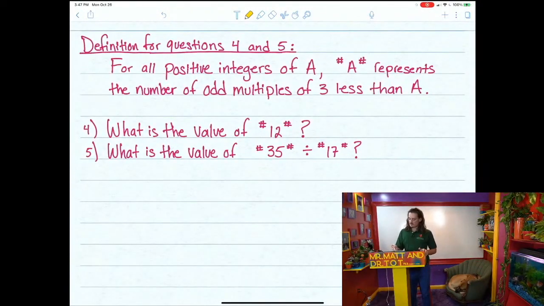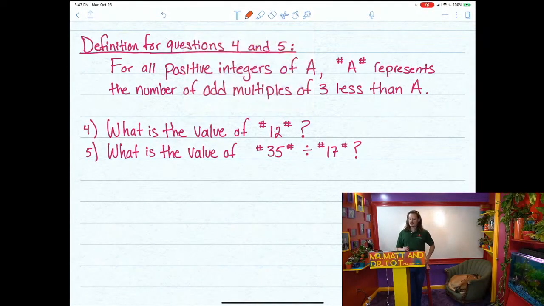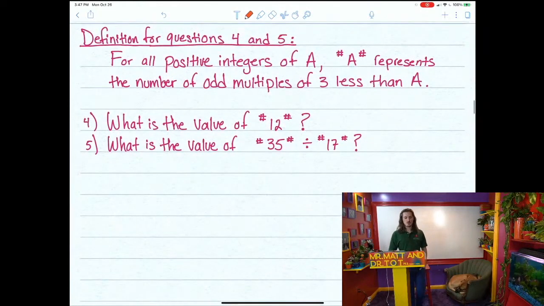Okay, so 4 and 5 abide by the following definition. So this is one overarching definition for the next two questions. So for all positive integers of A, hashtag represents the number of odd multiples of 3 less than A. Okay, so they're giving you this weird symbol, these two hashtag symbols next to a variable that at some point is going to represent a number.